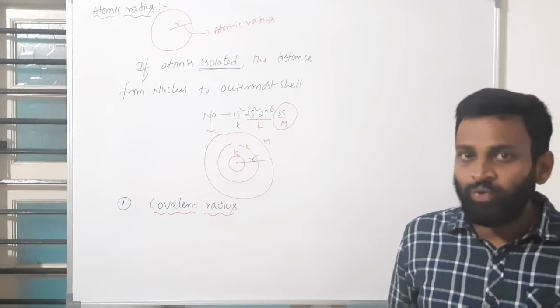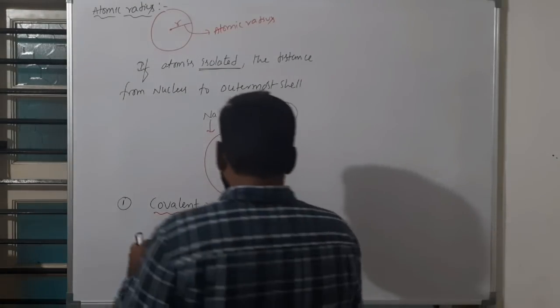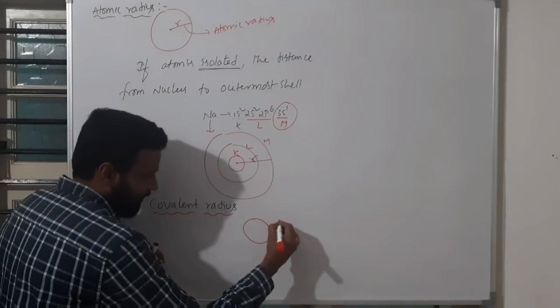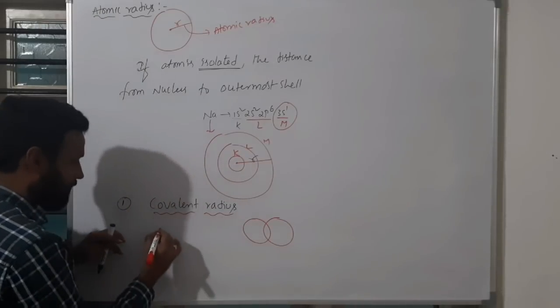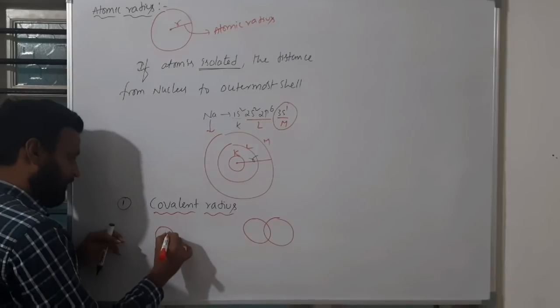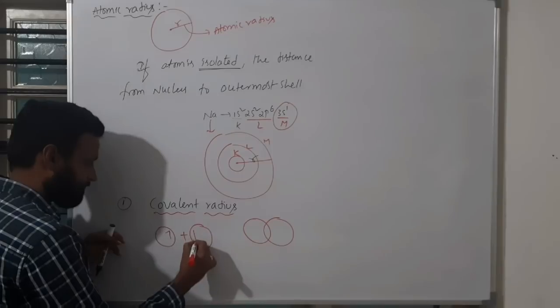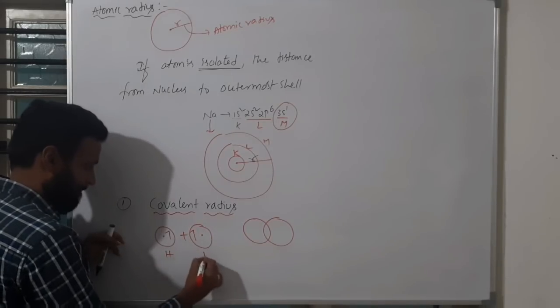Getting what I am saying? So if two atoms are in covalent bond, the representation is like this. This is one atom and this is another. Suppose here you have hydrogen with one electron and another hydrogen like this.